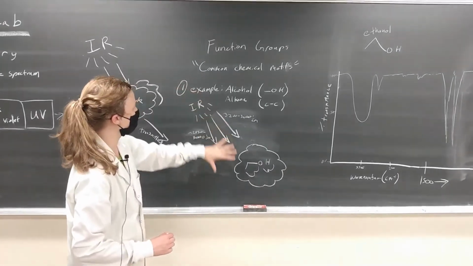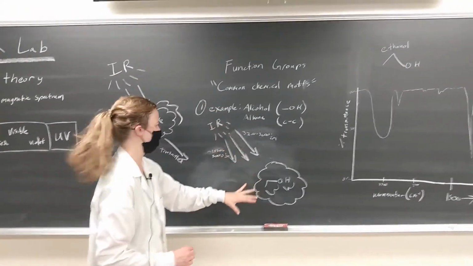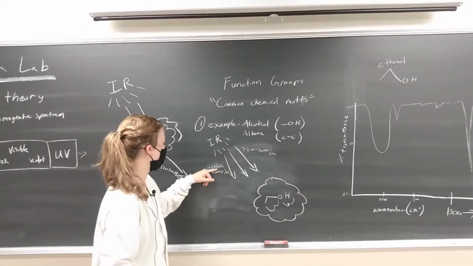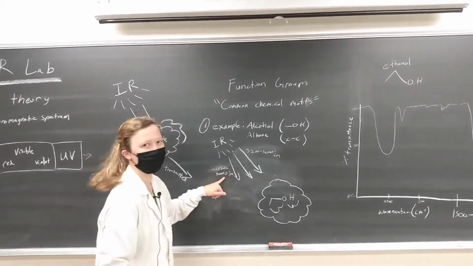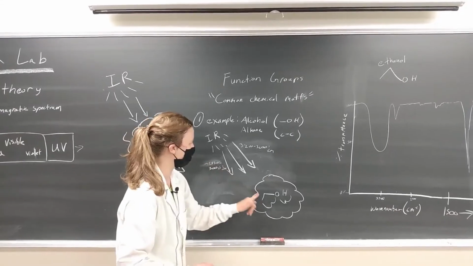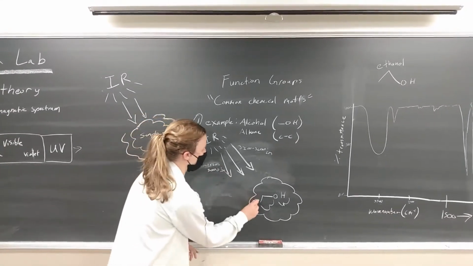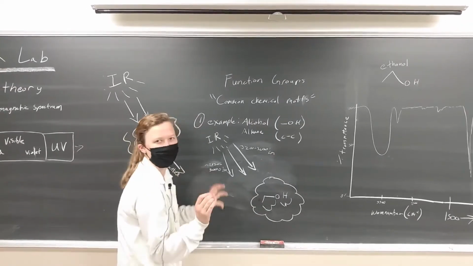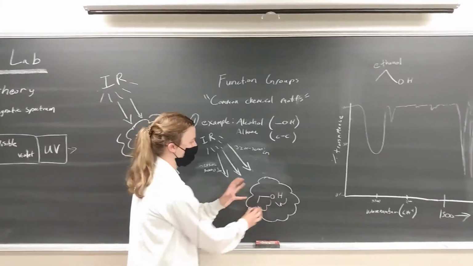Okay? So when we put a sample like this, like ethanol, onto our IR spec, we're going to have a bunch of different wavelengths of IR radiation hitting it. Okay? So as it scans through all these different wavelengths, eventually it's going to get to 2850 to 3000 1 over centimeters. All right? And so when that wavelength comes through and it hits the molecule, it's going to see this alkane group, and this alkane group is going to be like, oh yeah, that wavelength's like my jam, so it's going to start vibrating in a certain way.